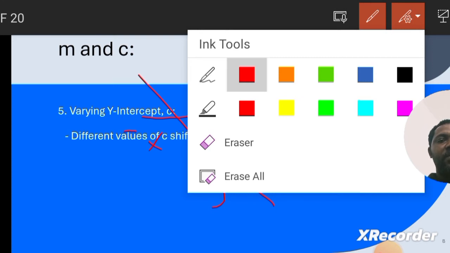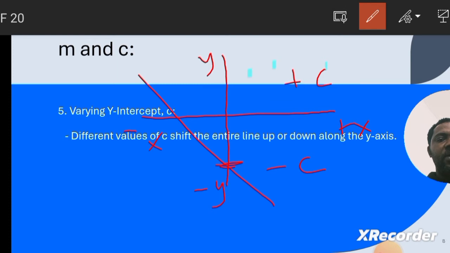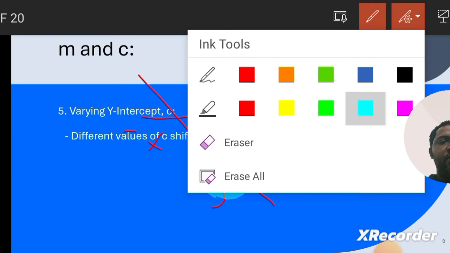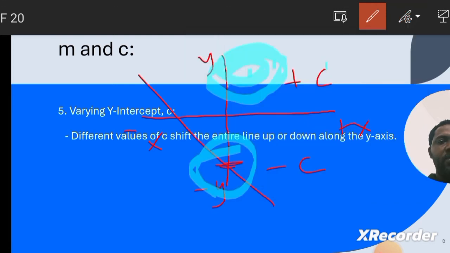Let me use this highlighter. Now, that is important for us to note as we continue.